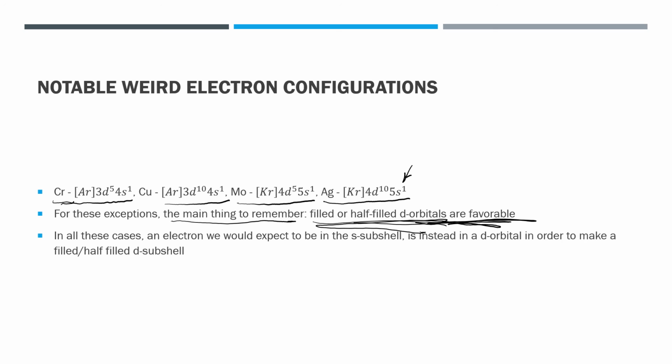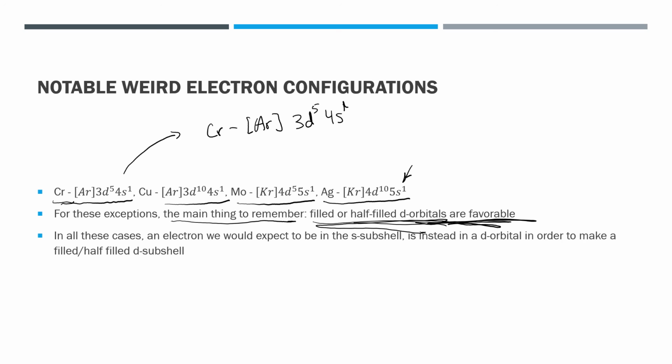So let's take chromium, for example. If we were just filling the electron configuration normally, looking at the periodic table, we would expect argon 3d4 4s2. But what actually happens is that one of these s electrons goes to the d orbitals. So this becomes 3d5 4s1. And why does this happen?